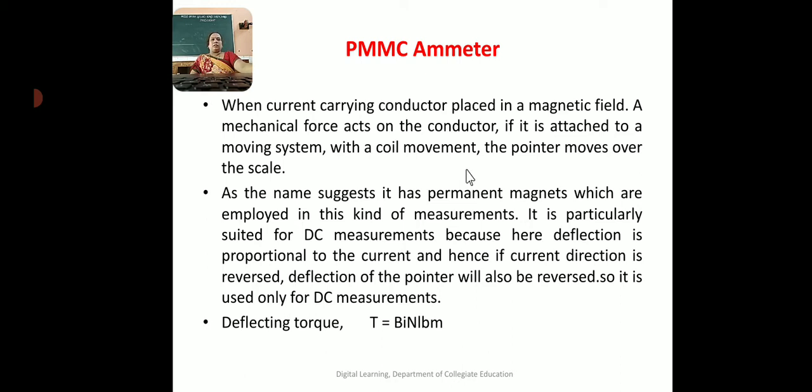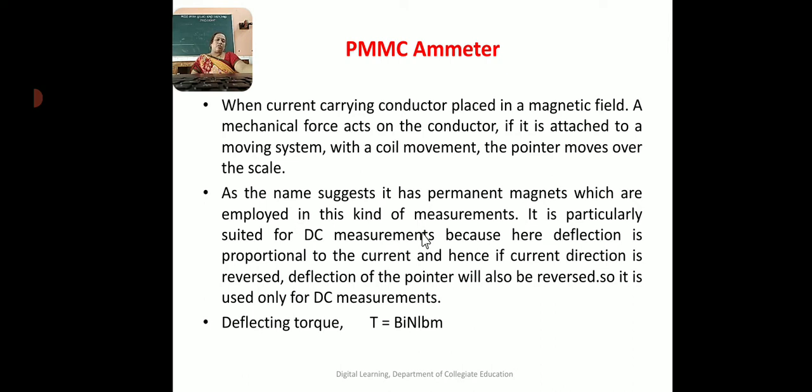That's why this type of ammeter is used for DC current only. This type of instrument is called D'Arsonval type instrument.